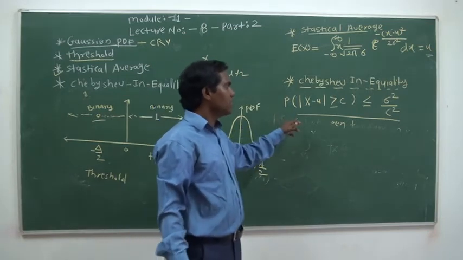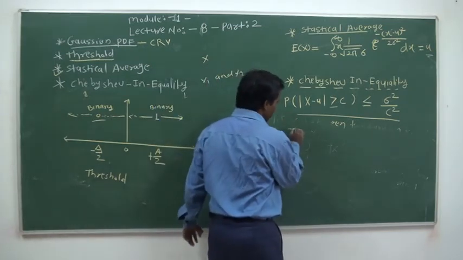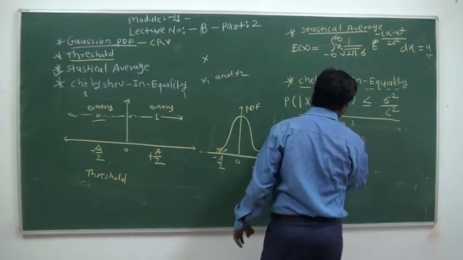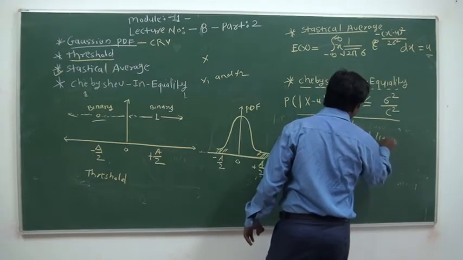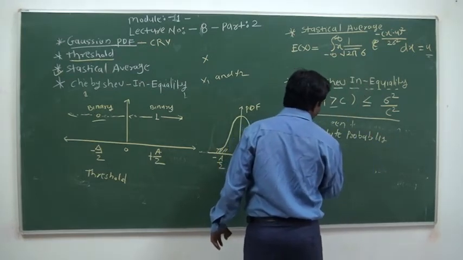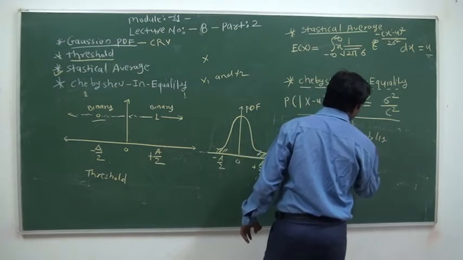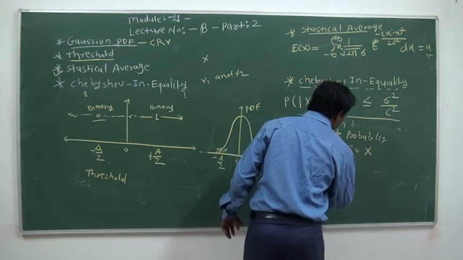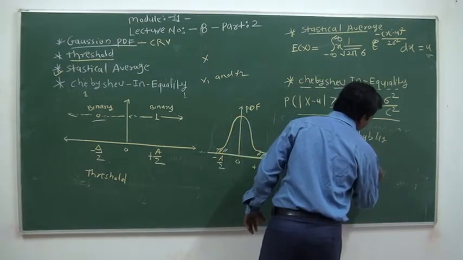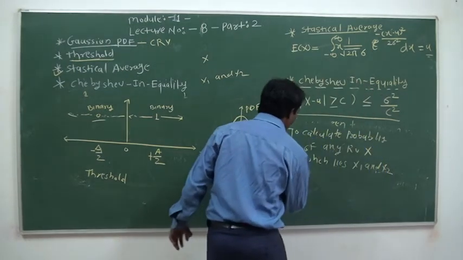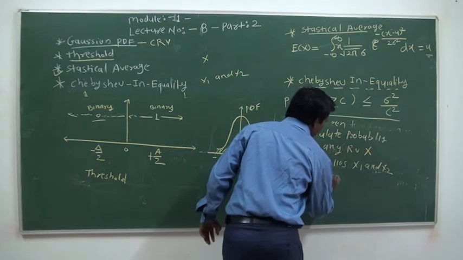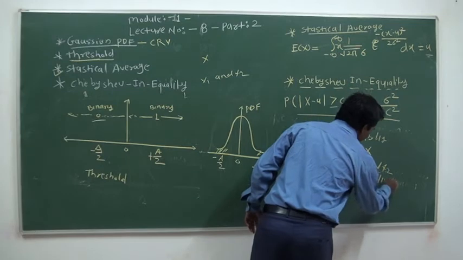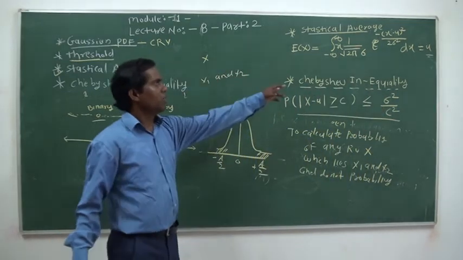Chebyshev inequality states how to calculate the probability of any random variable x which lies between two intervals x1 and x2 and does not define a probability distribution or probability density function. At that time we use the concept of Chebyshev inequality.